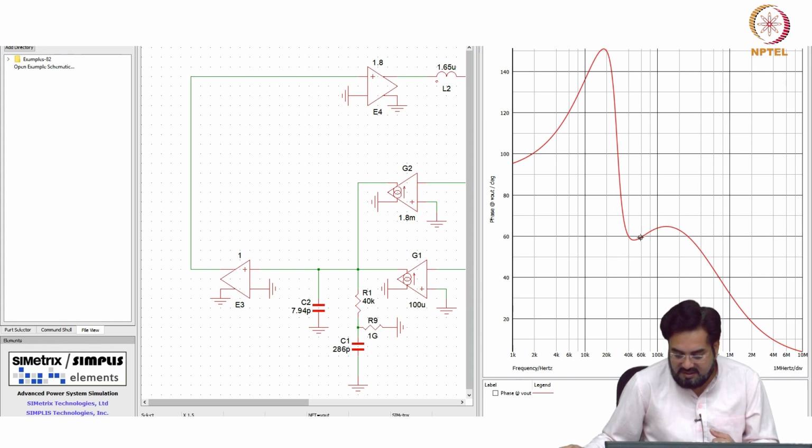From here, if you look at the range, it is from 50K up to 300K.